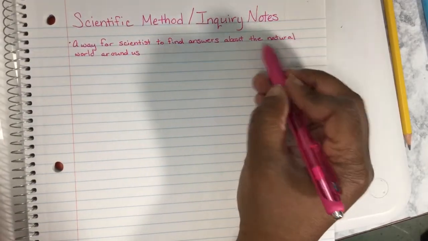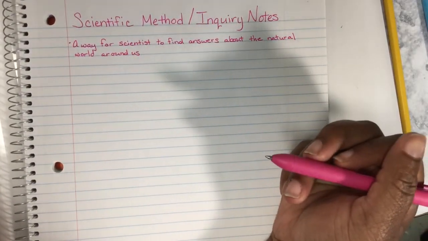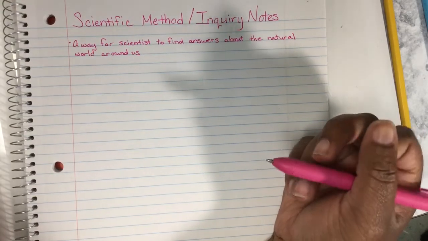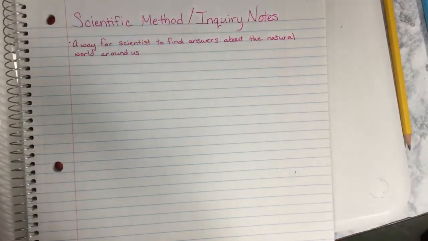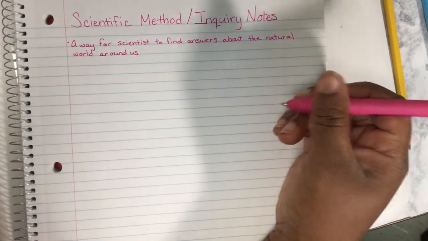What this means, natural world, is just the trees, the earth in general. Ways to find out answers about the earth, about space, about the things that surround the earth in space.